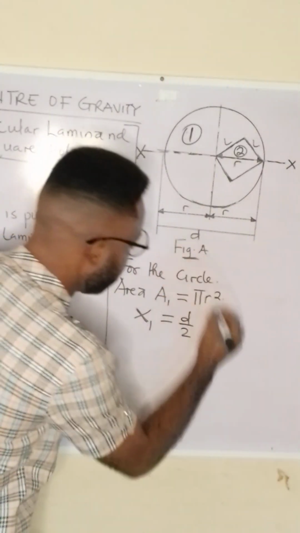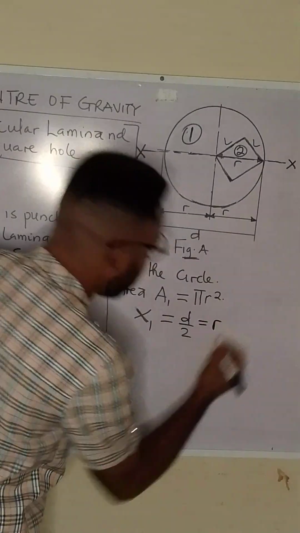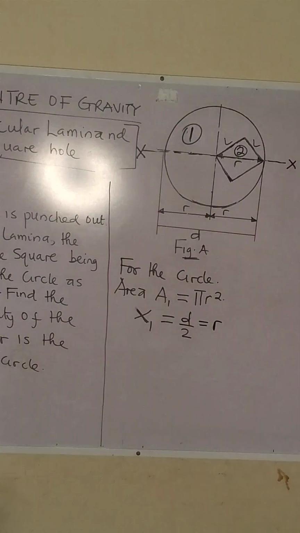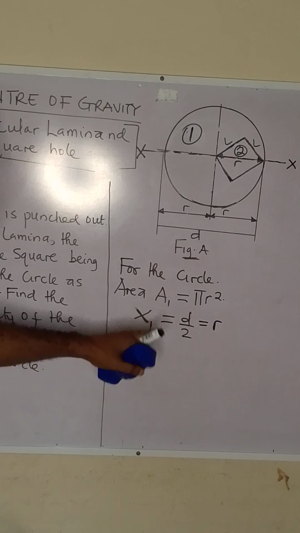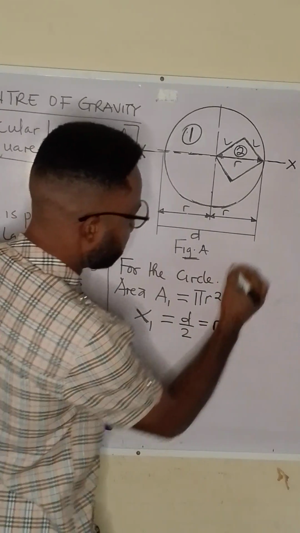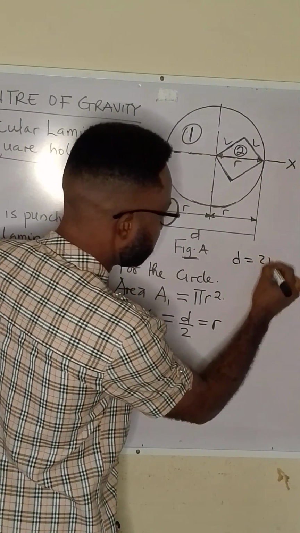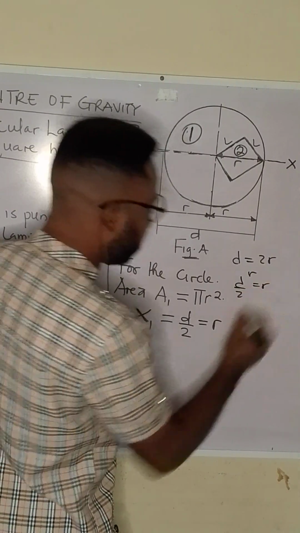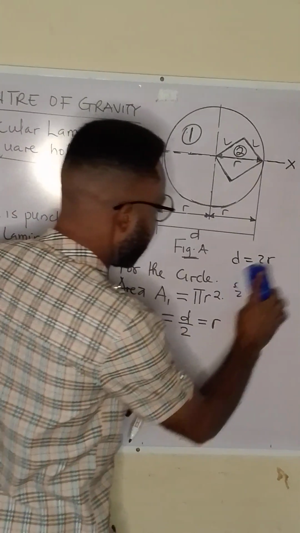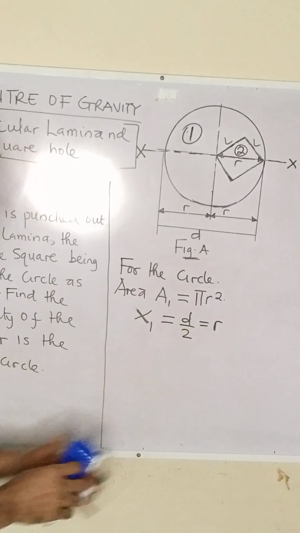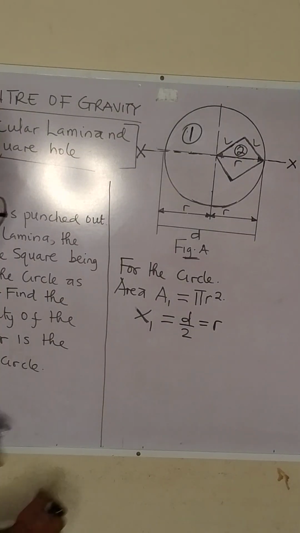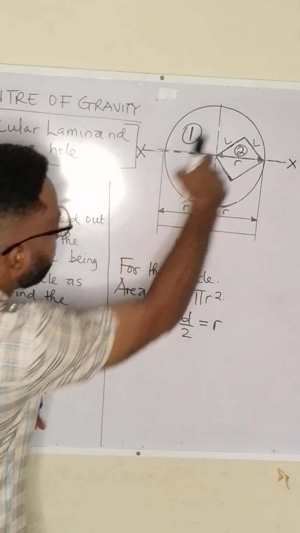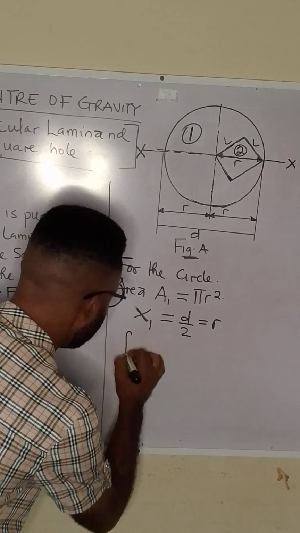So that's diameter over 2, and that will give us r, because if you cross multiply, you have that d equal to 2r, or d over 2 equal to r. So that is it. Our x1 for the circle is r, because it's d over 2. Okay, now for the square hole.